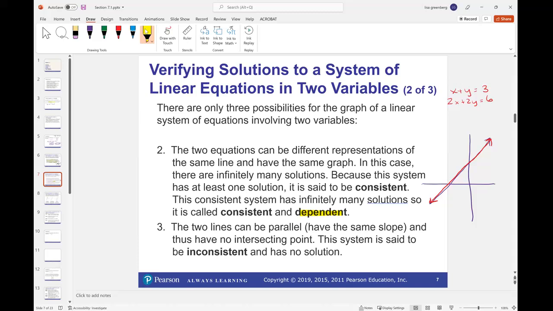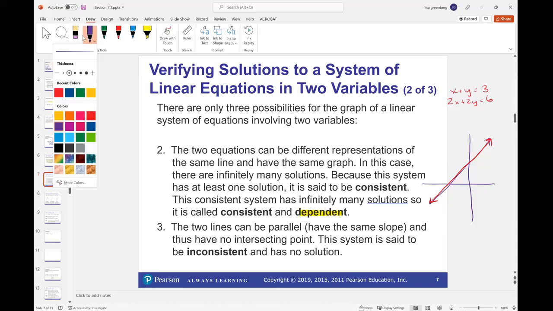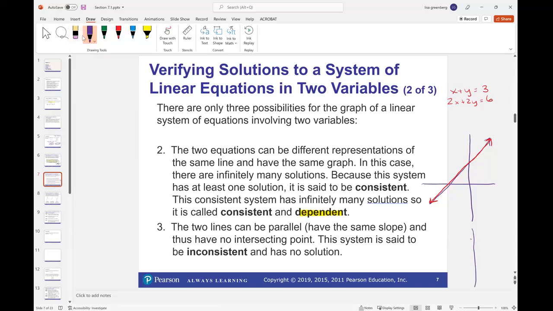And then the last one, and we have pictures of them coming, but the last one is the 2 lines. If they have the same slope and have no intersecting points, it's said to be inconsistent and has no solution. So something like parallel lines are like train tracks.